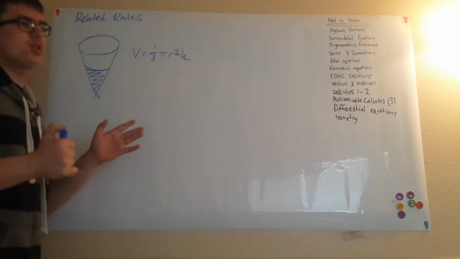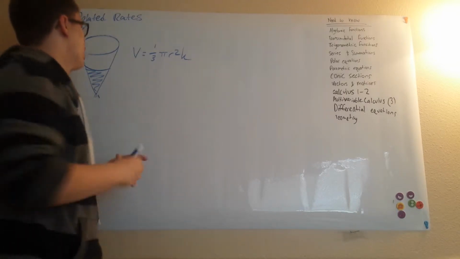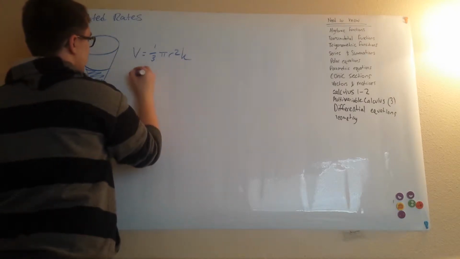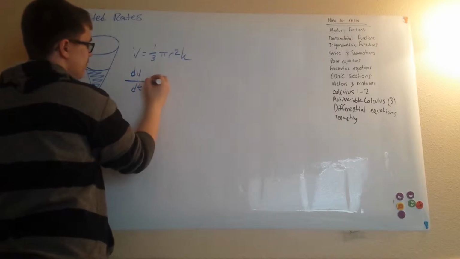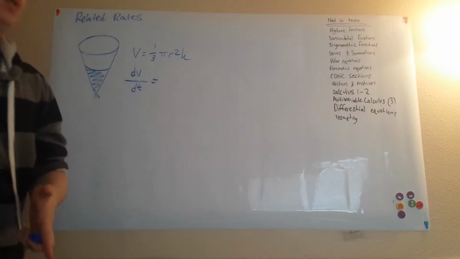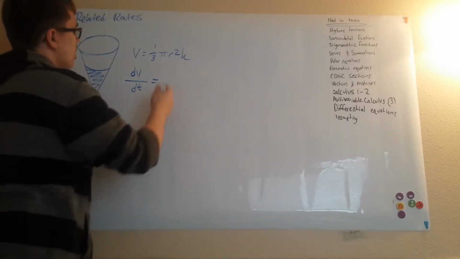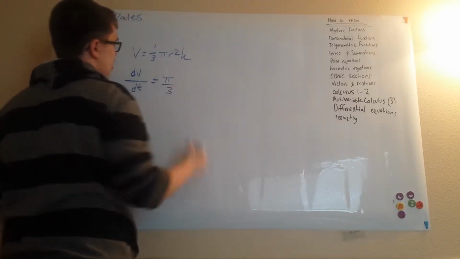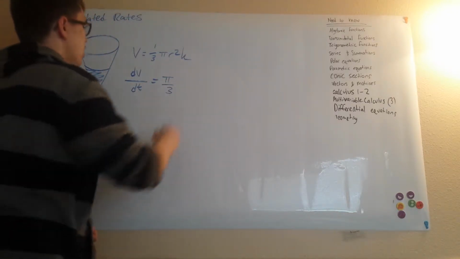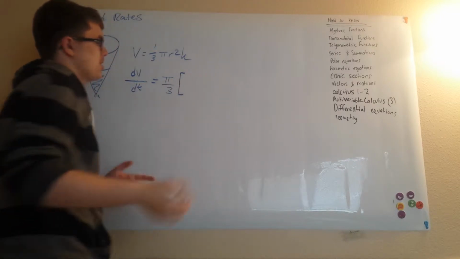So what we do is we actually do implicit differentiation. If we take a derivative of both sides, we get dV/dt. And we get the pi over 3, a constant, out of the equation, right? Now we just have r squared times h.